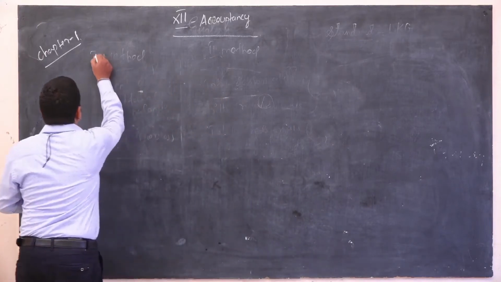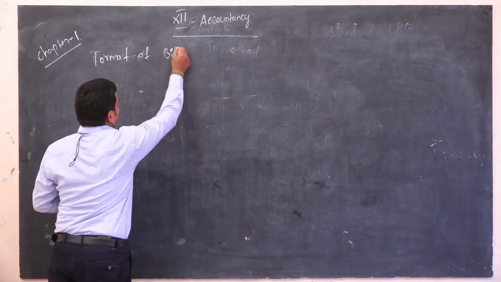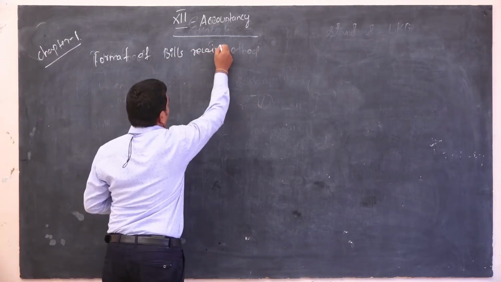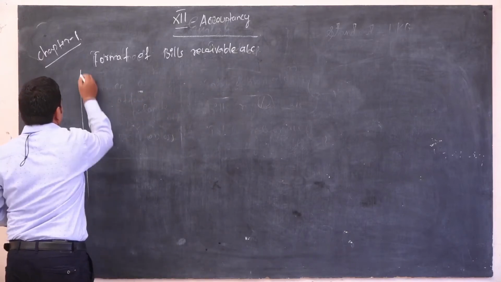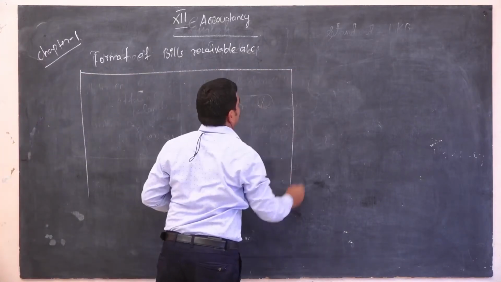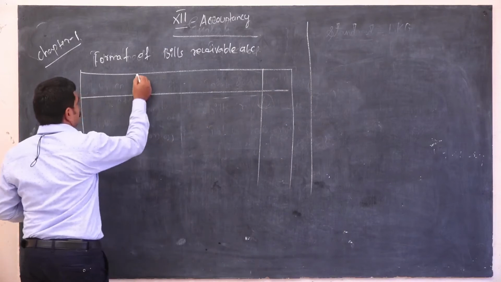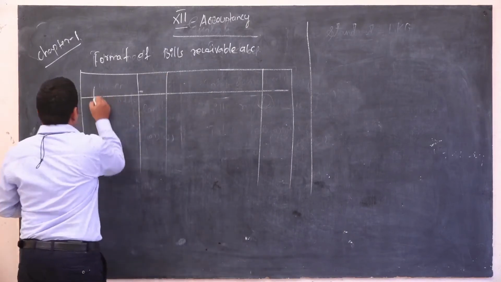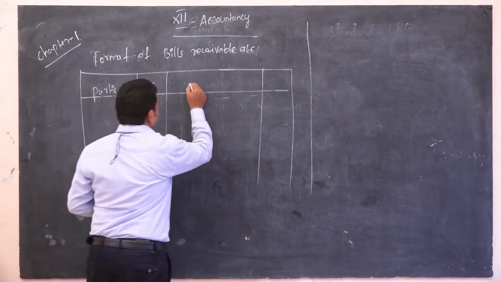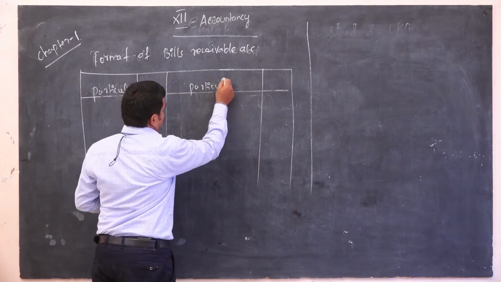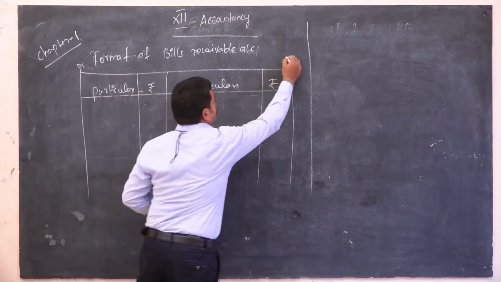The format of the bills receivable account. Particulars, debit side, then credit side.